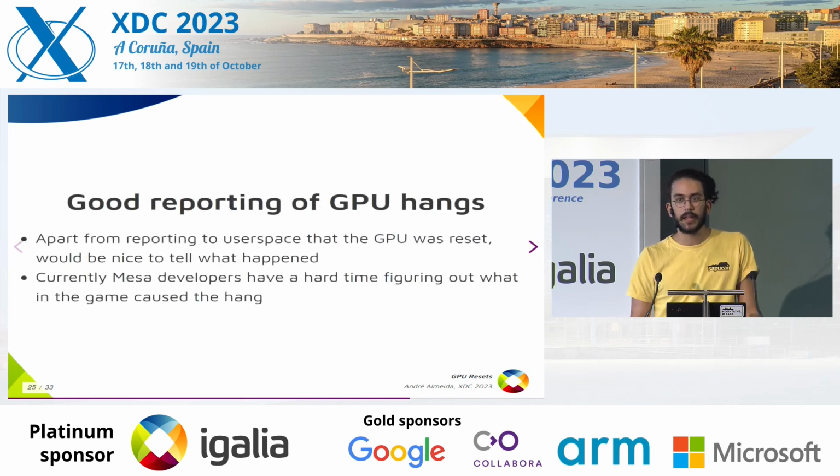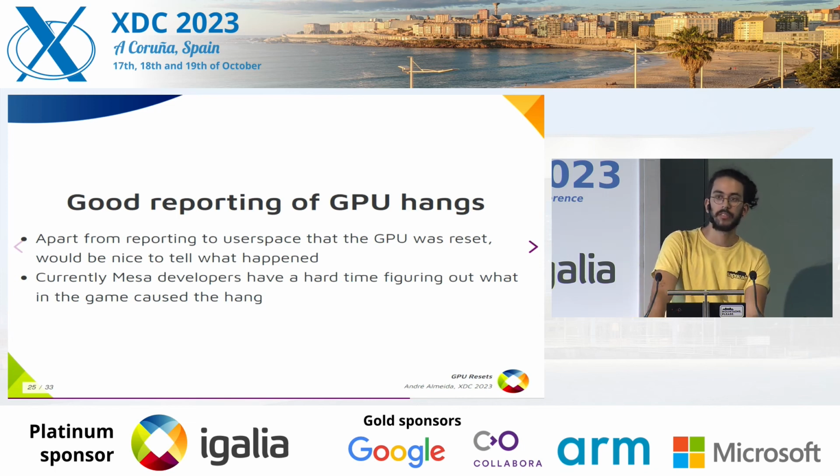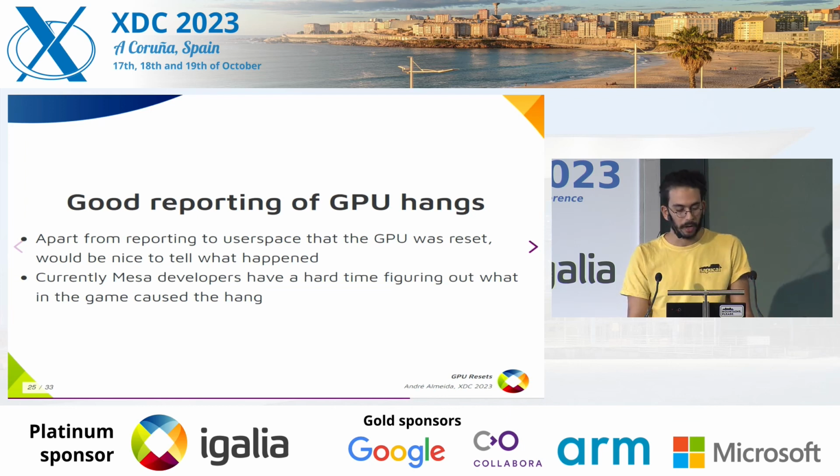And apart from telling user space applications that a reset has happened, we would like to give as much information as possible to the users, so they can reliably tell the driver developers what happened. Because right now, people just go to the issue tracker and say, this game crashed here.